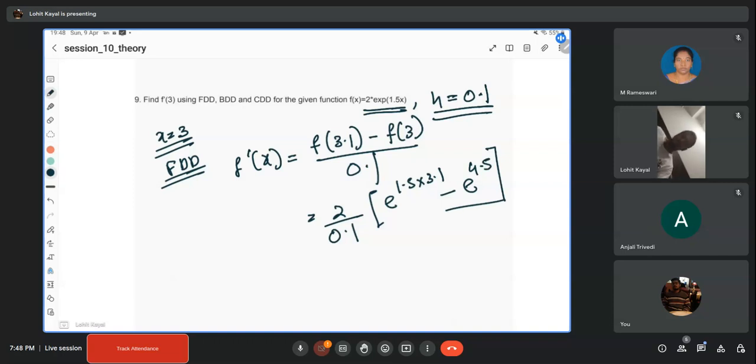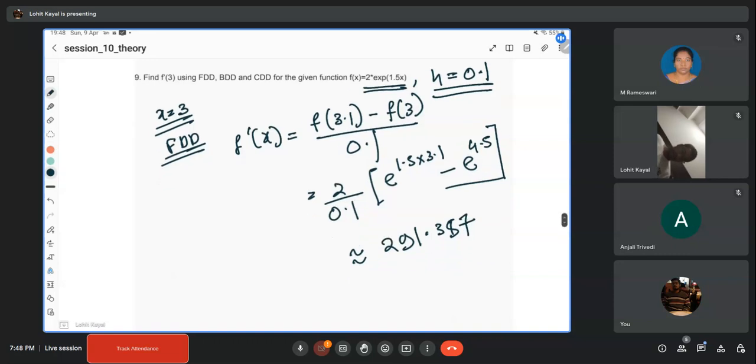So what will be the answer? 1.5 into 3.1 is 4.65, e to the power 4.65 minus e to the power 4.5. This is multiplied by 2 divided by 0.1. So you will find that the answer is close to 291.357.